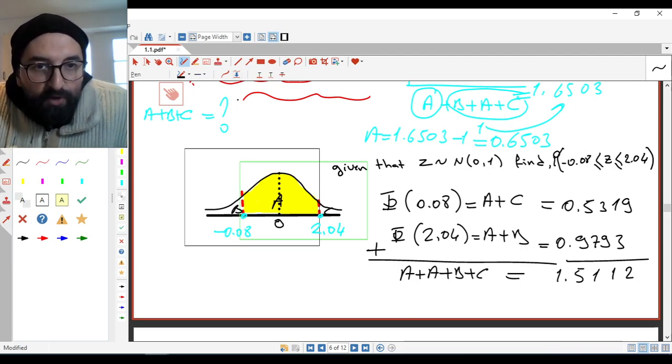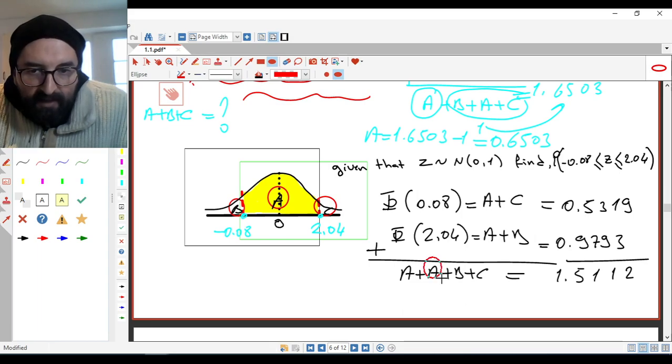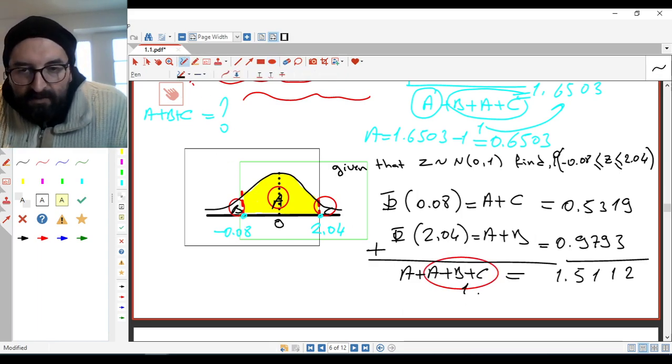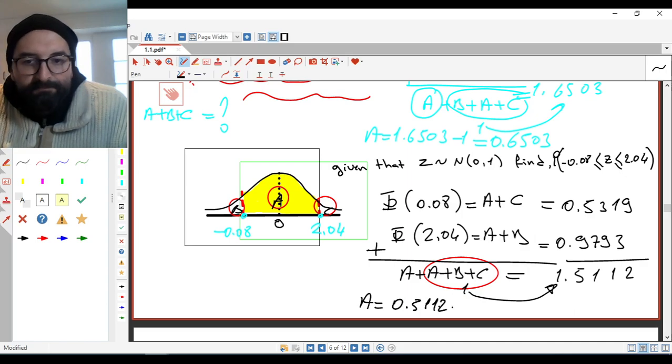And please look at A plus B plus C is 1, and I want to move 1 to the other side of the equal sign. A is 0.5112.